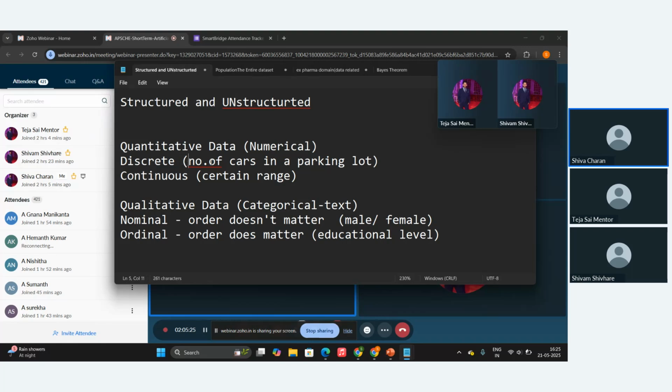Discrete is nothing but, for example, the number of cars in a parking lot. We can count them. Or else the number of students in the class. We can count them. So that kind of column will be discrete.